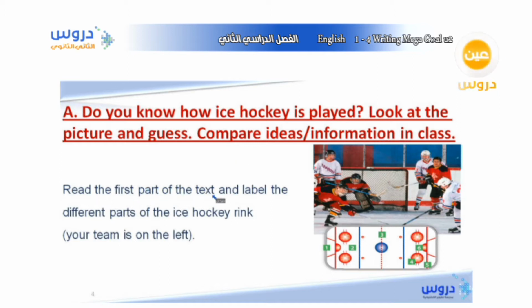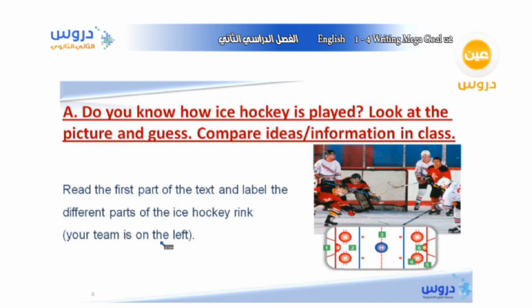Read the first part of the text and label the different parts of the ice hockey rink. This is the rink, and this is the playground for playing hockey. We are going to discuss this play and try to know the new words about this game.